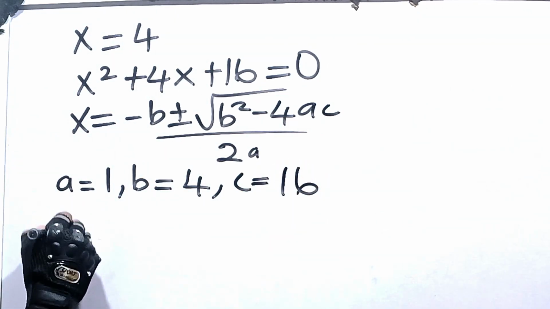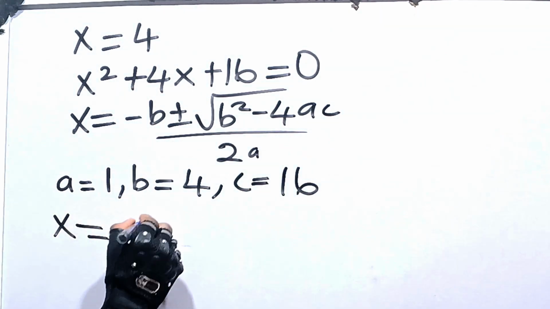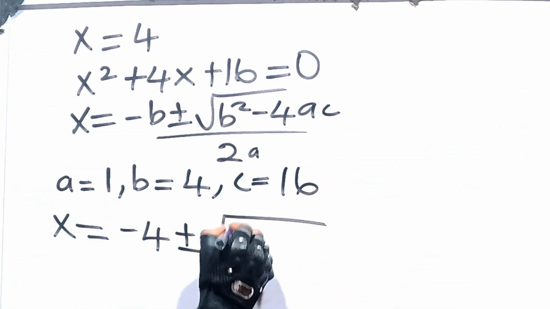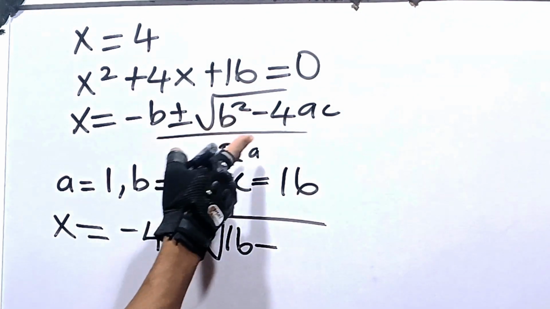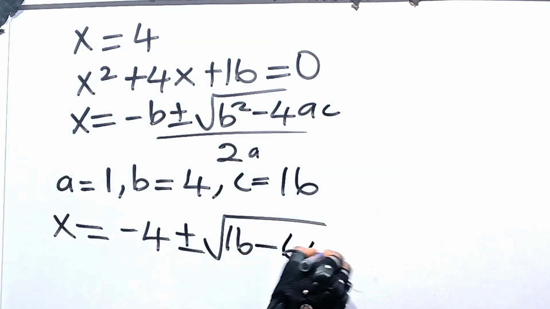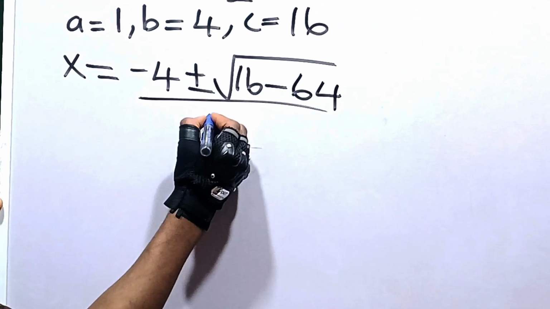So x becomes minus 4 plus or minus root of 4 squared, which is 16, minus 4 times 16, which is 64, times 1 is 64, divided by 2 times 1, which is 2.